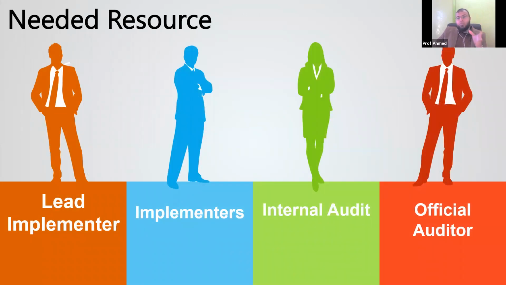First, the team of the implementers. You need the lead implementer, senior lead implementer, team leader, and implementers. All of these persons can help you to achieve the compliance with the best results in the shortest time.